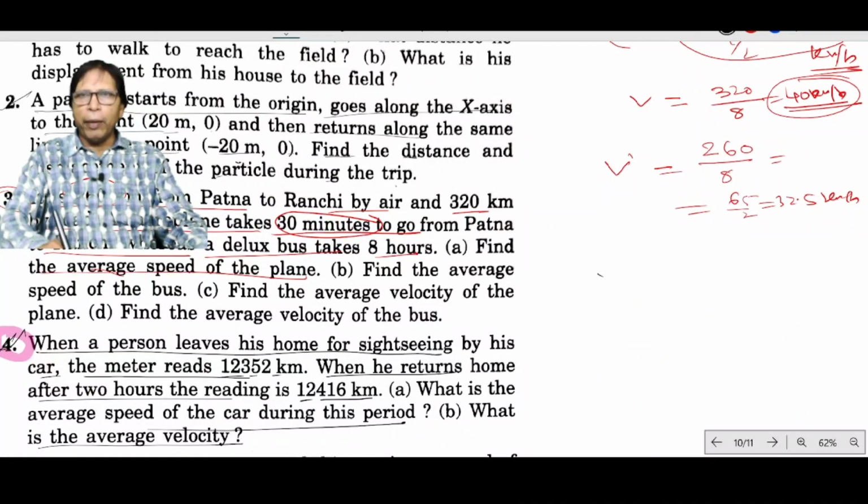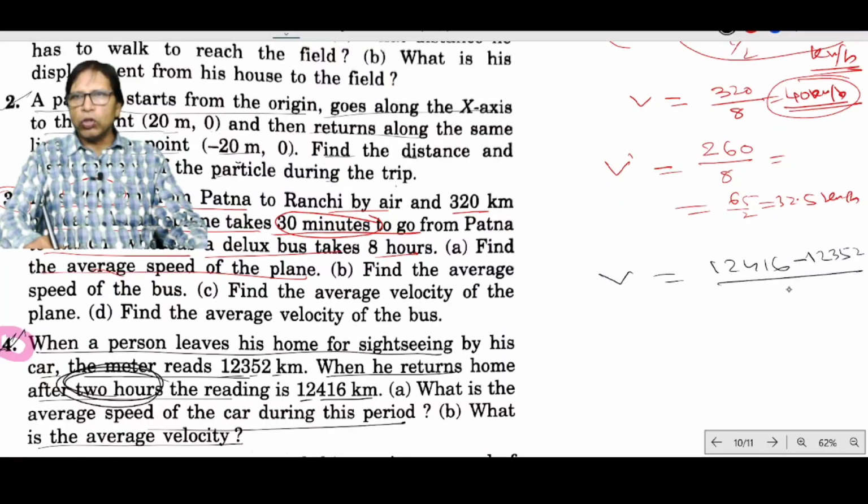Now look at this, the average speed v equals 12416 minus 12352, divided by time taken, which is 2 hour. Therefore, 48 plus 16, so this is 64.